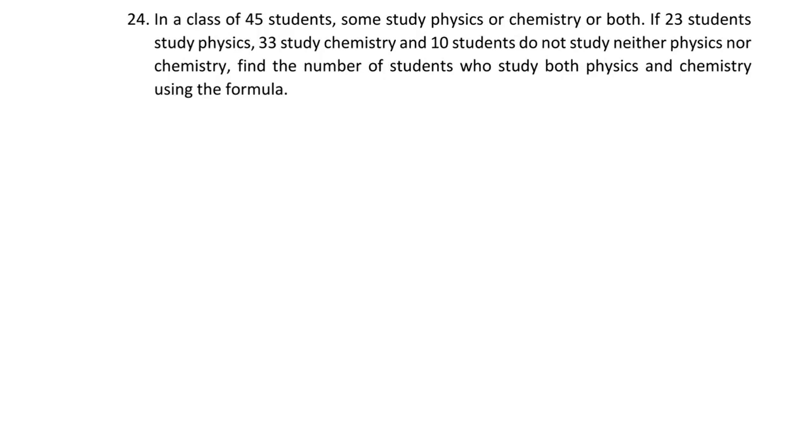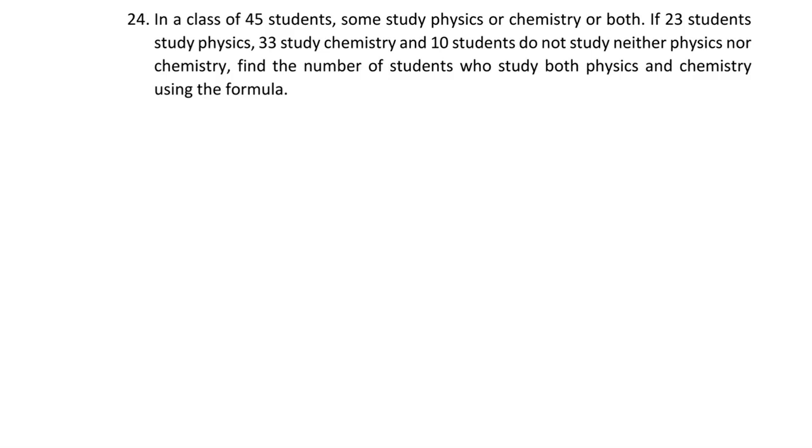Question number 24. In a class of 45 students, some study physics or chemistry or both. If 23 students study physics, 33 study chemistry, and 10 students study neither physics nor chemistry, find the number of students who study both physics and chemistry using the formula.